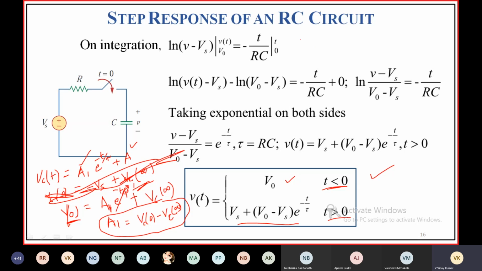So finally you can have a general formula like this: Vc of t is equal to Vc of 0 minus Vc of infinity into e power minus t by tau plus Vc of infinity. So this is the general formula, where Vc of 0 is V naught.